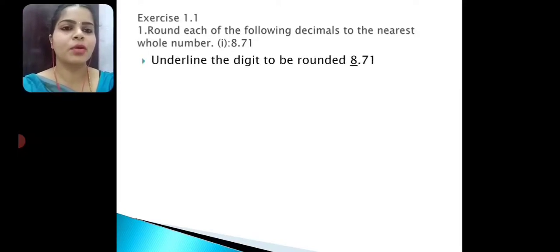First step, what we need to do is underline the digit to be rounded. Here we have underlined the digit, that is 8.